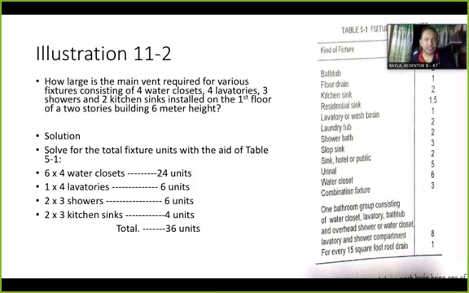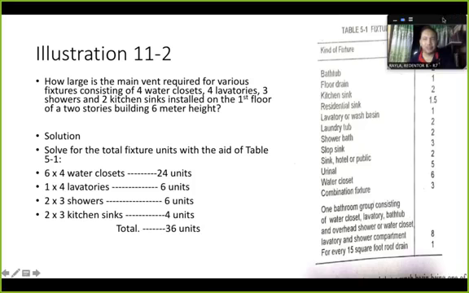That should be 2 times 4, no? Anyway, that's just 6 times 4. Then one lavatory, 1 times 4, and then 2 by 3 showers. So the total of all these fixture units is 36.